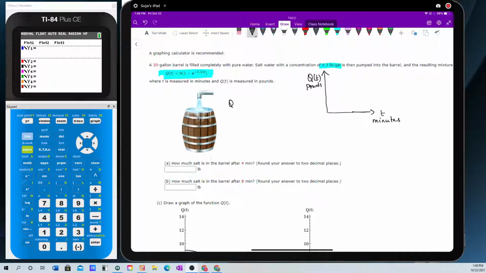So just plug in the values. 9 times 1 minus e to the power of negative 0.01 times 4. I can use my calculator to find the value of it.